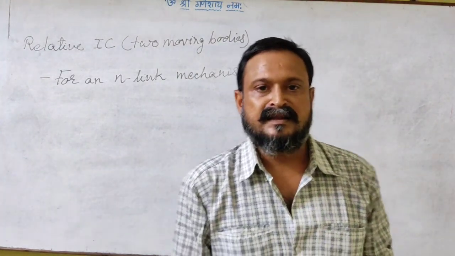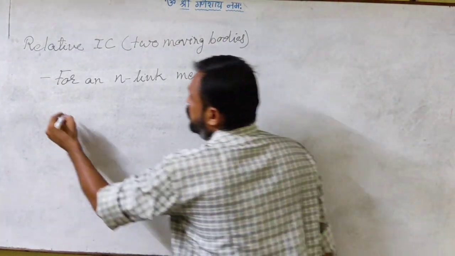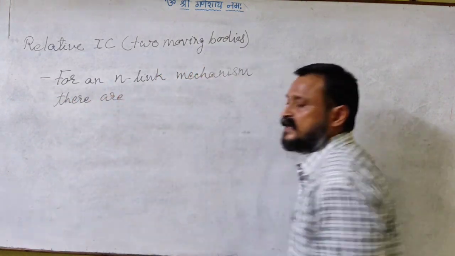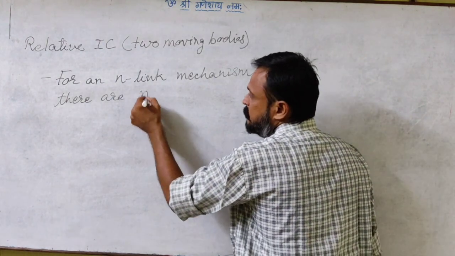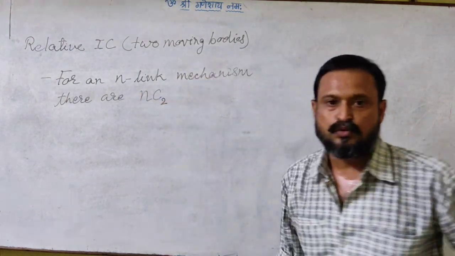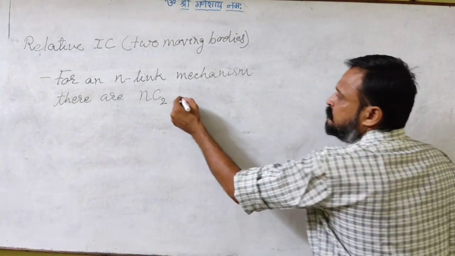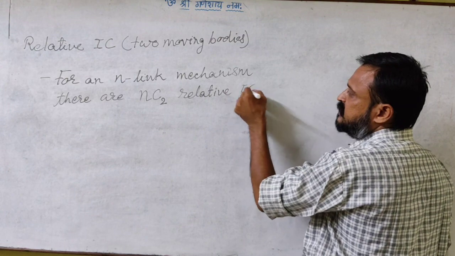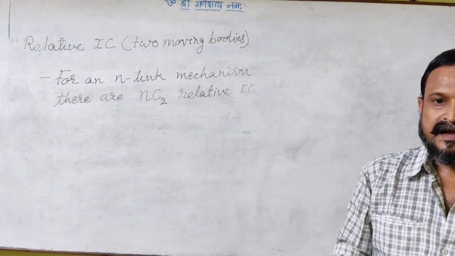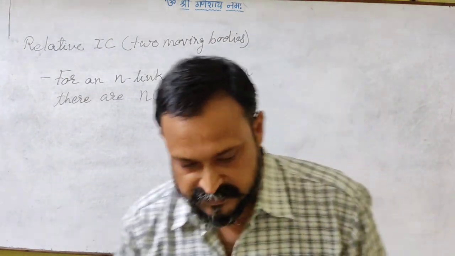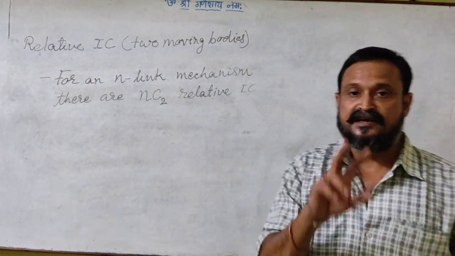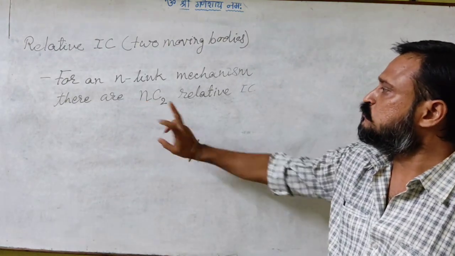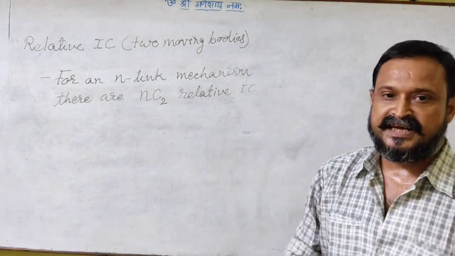there are nC2 relative instantaneous centers, right? We are considering 2 links at a time. That is why we can say nC2 is the number of instantaneous centers.